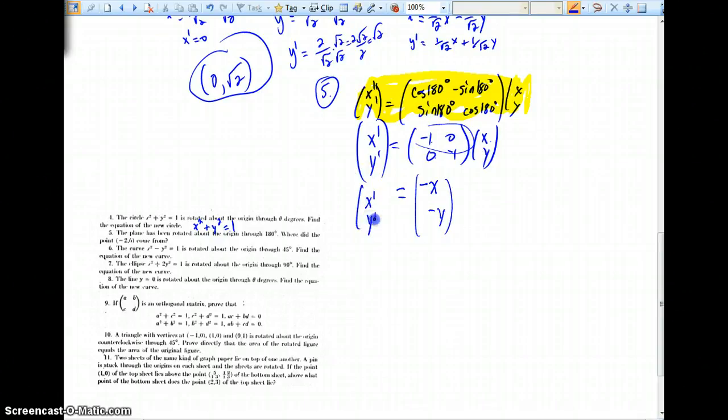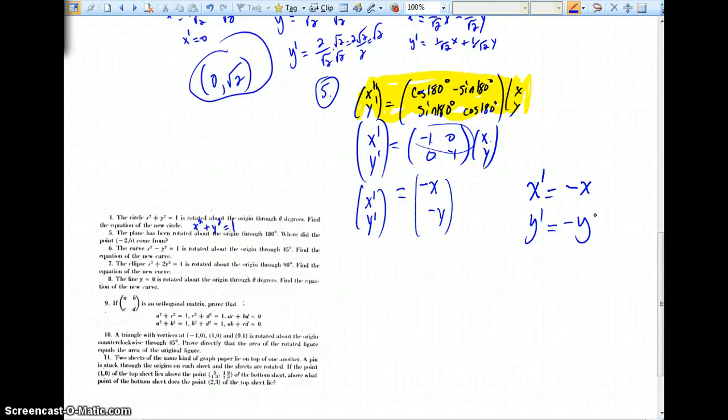You might remember from pre-calculus studying symmetry about the origin, you can pretty much see these equations right here. Our image of x would be the opposite of x, and our image of y would be the opposite of y.